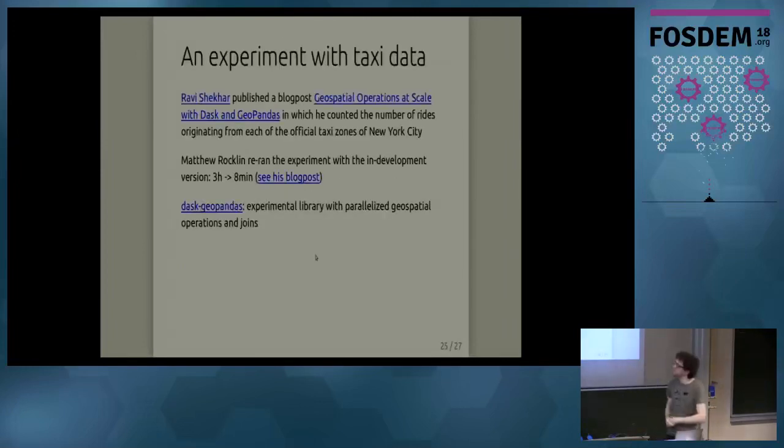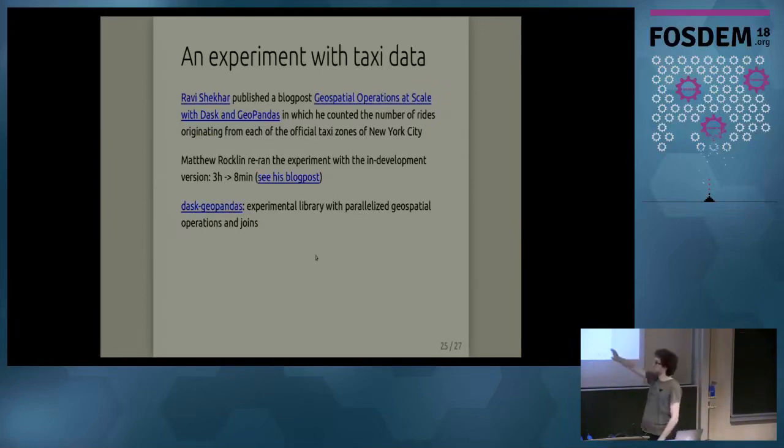So we can use Dask as well to parallelize GeoPandas, and there has been an experiment. There was a blog post last summer by Ravi Shekhar, who worked on the taxi data of New York. It had 120 million rows of records of a person who took a taxi from somewhere to another place. What he wanted to do was, for each of those rows, a spatial join with the taxi zones to know in which taxi zone each point started and ended.